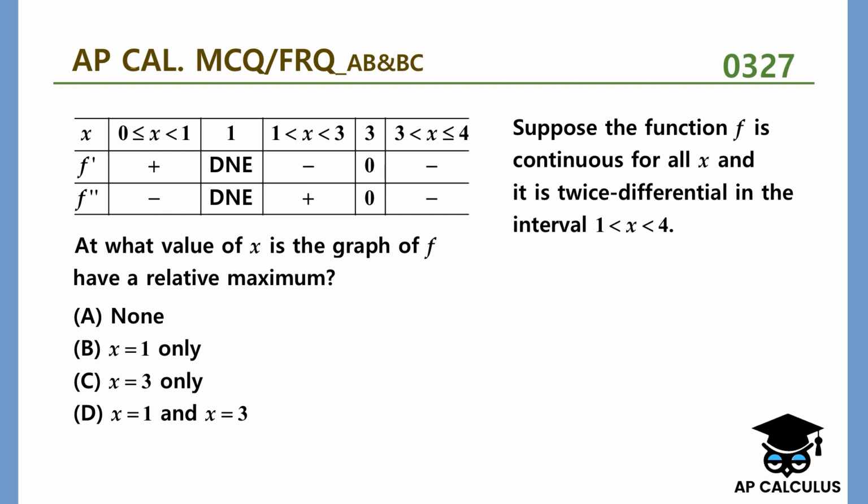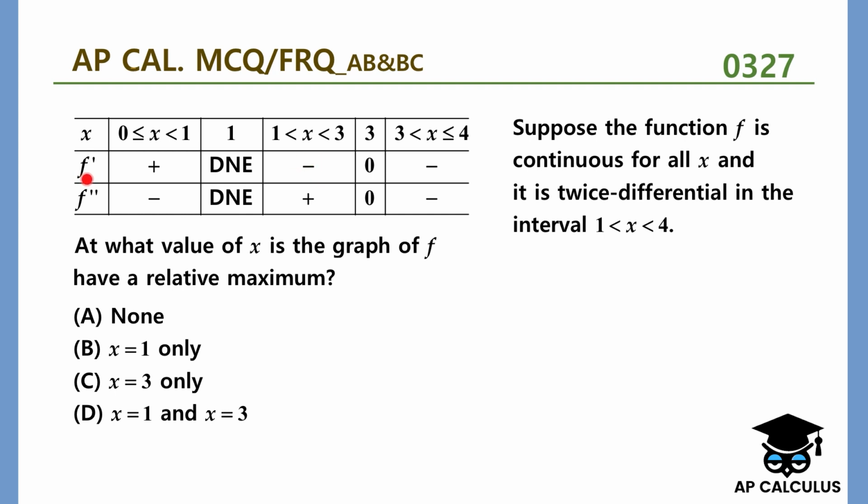Okay, the graph of f has a relative maximum when the sign of f prime changes from positive to negative, right? Here, in this interval, f prime is positive. In this interval, f prime is negative, right?